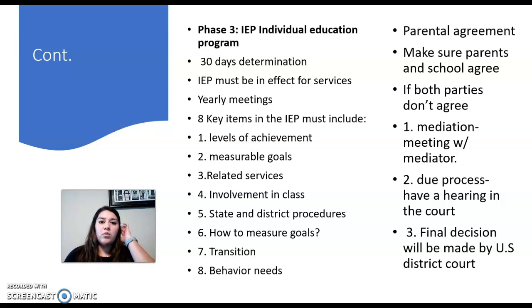So any of those goals can be made. Speech can make a goal, OT can make a goal. How is the student going to achieve the goal? In the IEP it's written what the student is going to do to meet that goal. Related services are the PT, OT, APE, speech, all of those types of people.